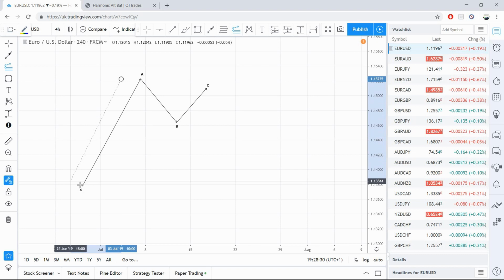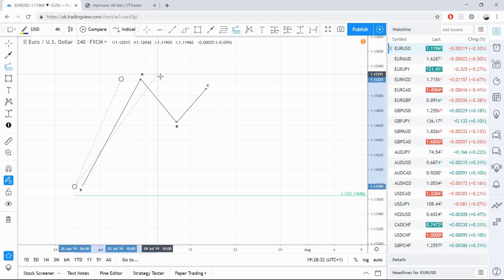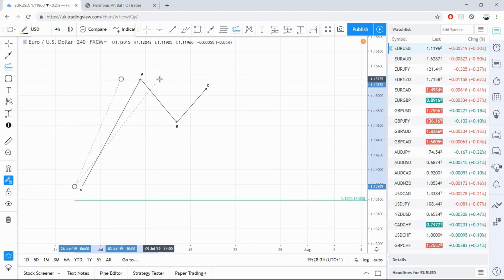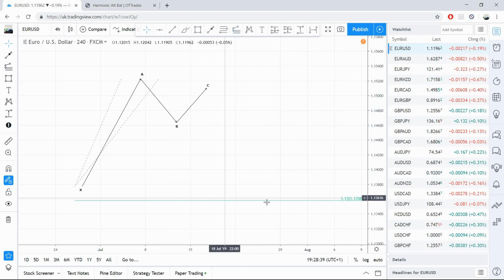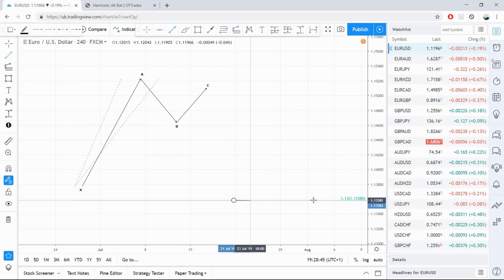So we've gone from X up to A. This is our extension tool. And the 113 is already on there for us. So this is going to be our first level of the PRZ, potential reversal zone. Just trying to get this straight.